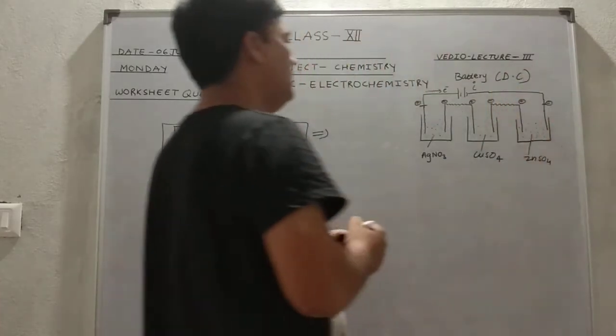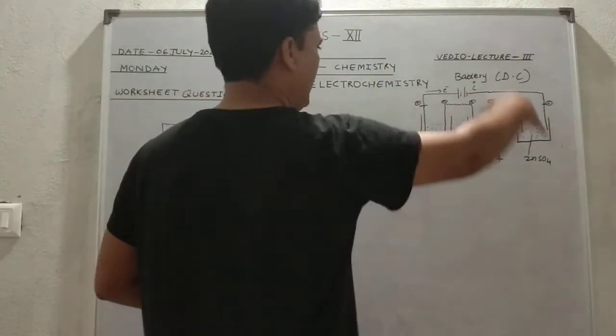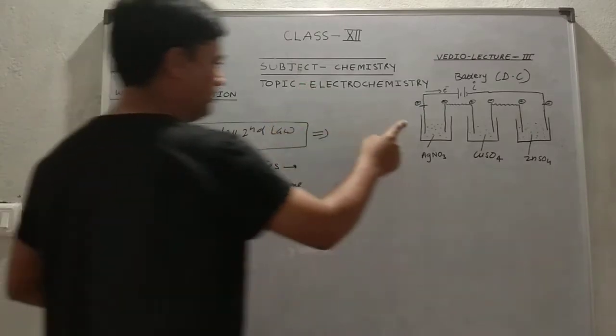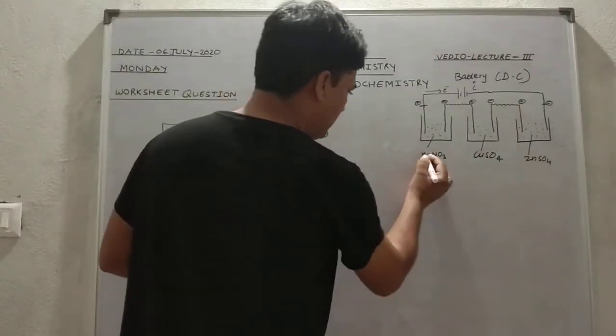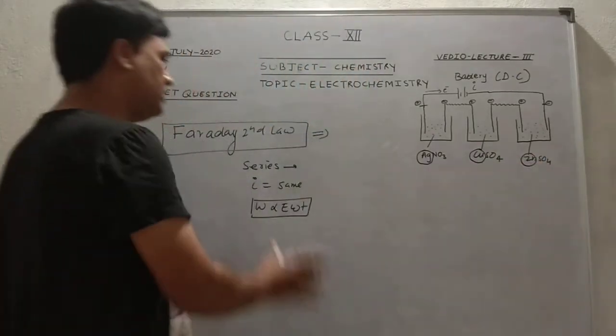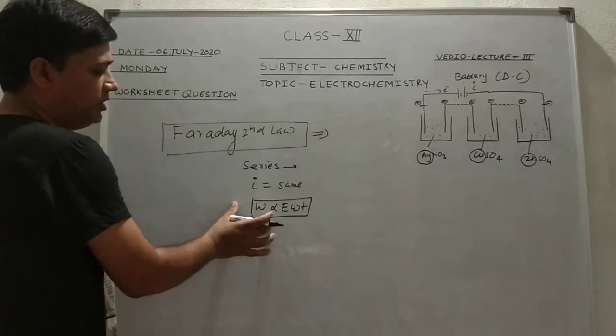So when the same quantity of current passes through different electrolytic solutions connected in series, then the amount of silver, copper, and zinc deposited at a particular electrode is directly proportional to its equivalent weight.